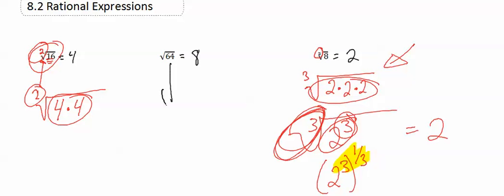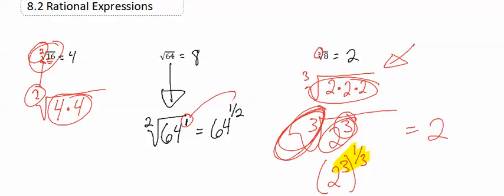So if I go back to this middle example, the square root of 64, there's an imaginary 1 right there, is really 64 to the 1/2 power. The exponent of the 64 becomes the numerator, while the denominator comes from the index.